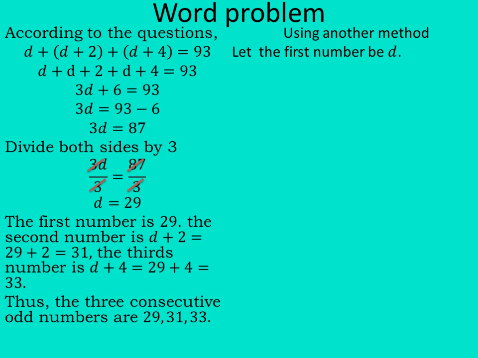But here it is not a must that we add 2 to the first number. We can also subtract 2. Yes, because if we subtract 2, we are still going to get an odd number. For example, if the odd number is 3, if we subtract 2, then we get 1, and that's also an odd number. And if we subtract 2 again from 1, we get minus 1, and that's an odd number.